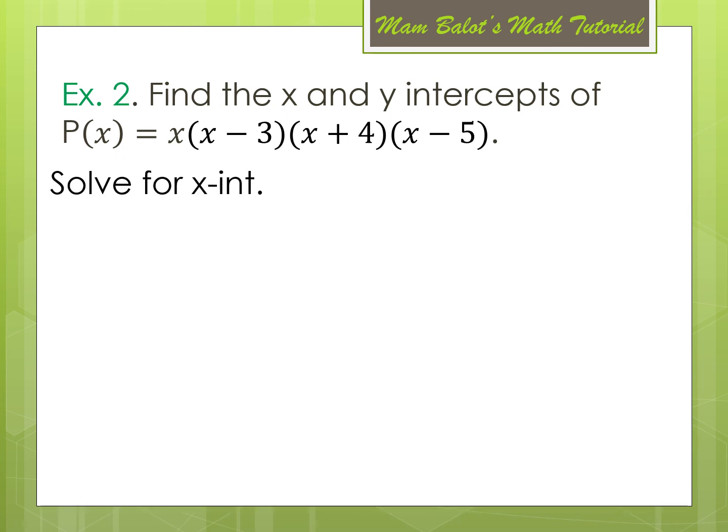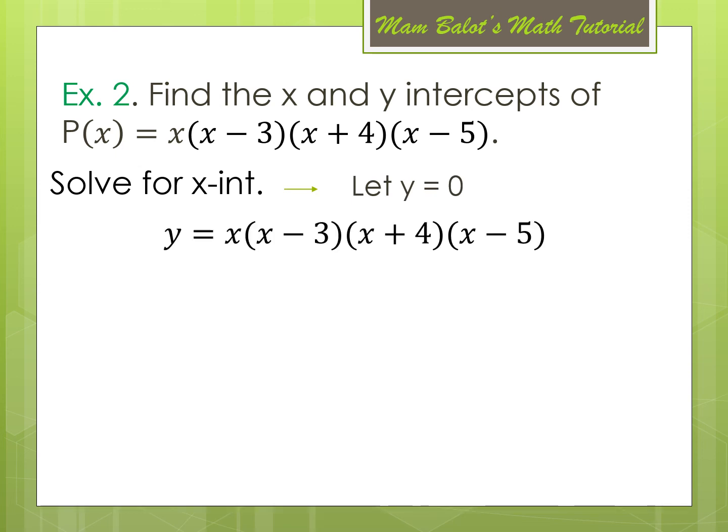To solve for the x-intercept, we will let y equal 0. So from that function, we have 0 is equal to x times x minus 3 times x plus 4 times x minus 5. Since this is already in factored form, we can automatically equate each factor to 0 to find x.